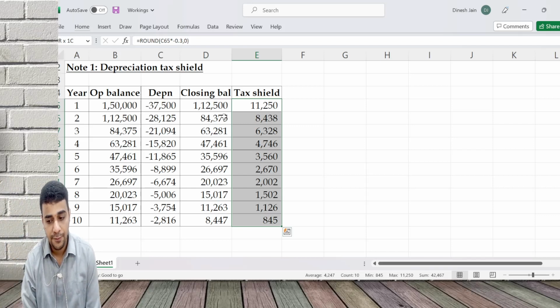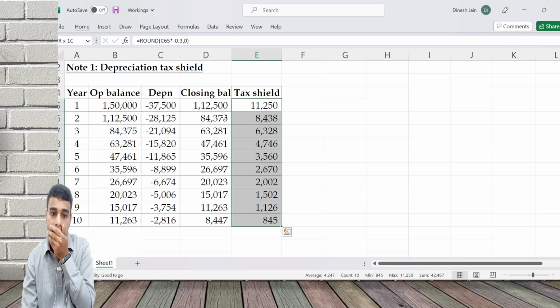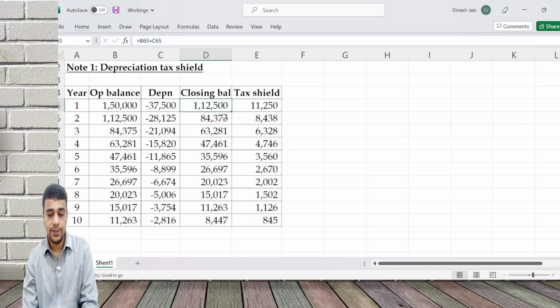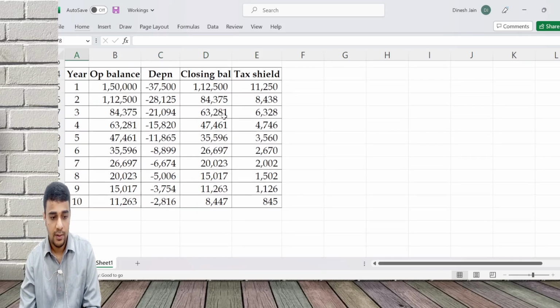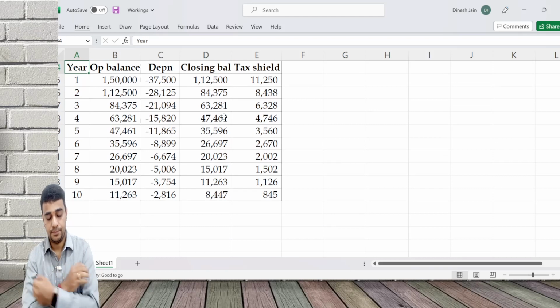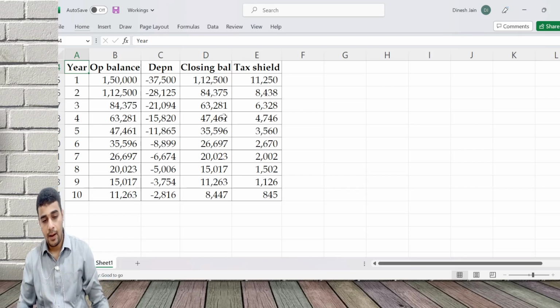I'm going to save this amount of tax every year. This is the amount of tax saving every year.